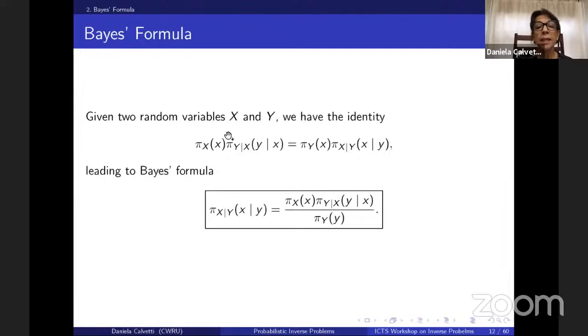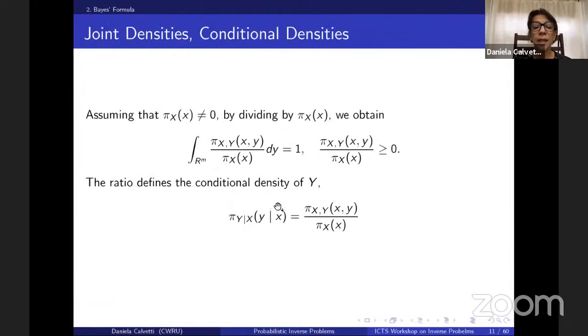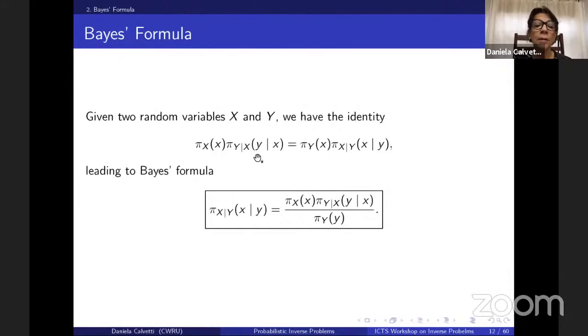So if we take the two expressions, both of which contain the joint probability density of x and y, we solve for the joint from here, and we solve also for the joint from the conditional of x given y. Now we set the two sides equal, and we arrive at this identity.